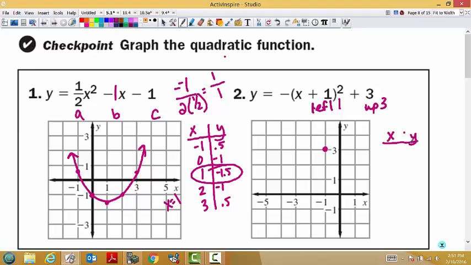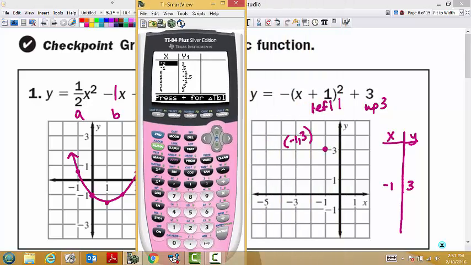I'm going to make my table. 1 go, and that's the point, what, negative 1, 3? Negative 1, 3. So we do negative x plus 1 squared plus 3, second table. Scroll till the negative 1 is in the middle.